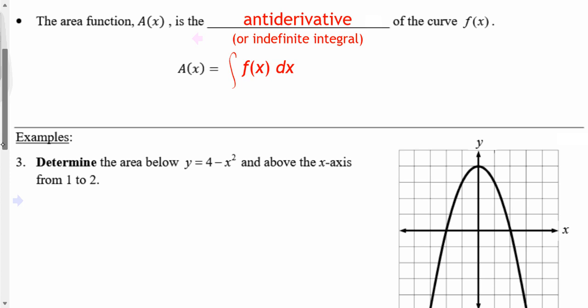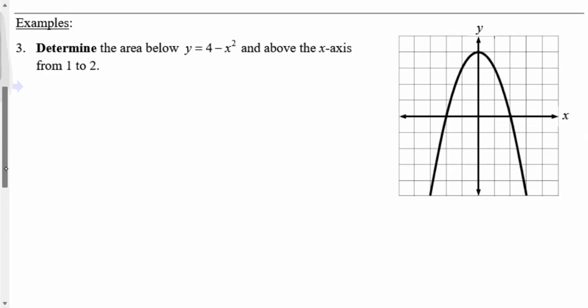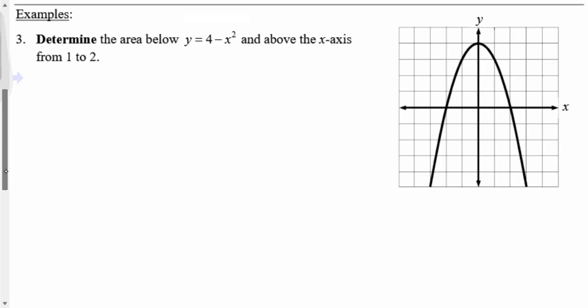Here's what we'll do. Looking at this example, I want to know the area under this curve above the x-axis from 1 to 2. So I'm looking at from 1 to 2, what is the area of that section there?